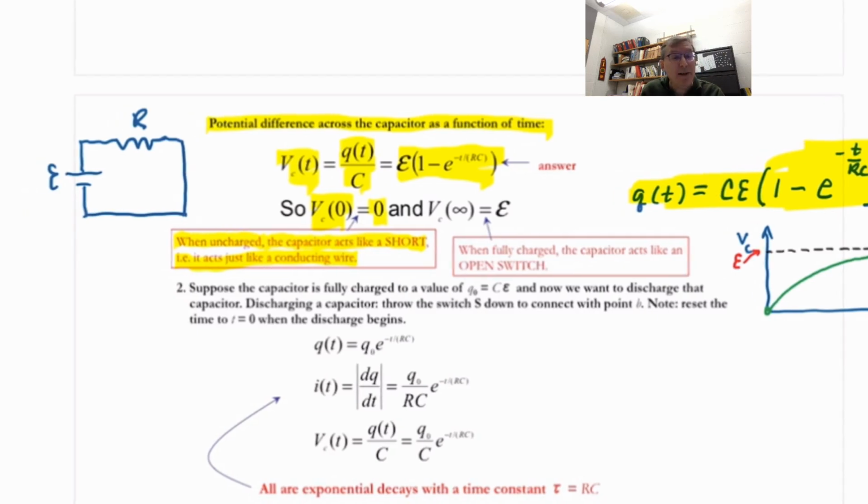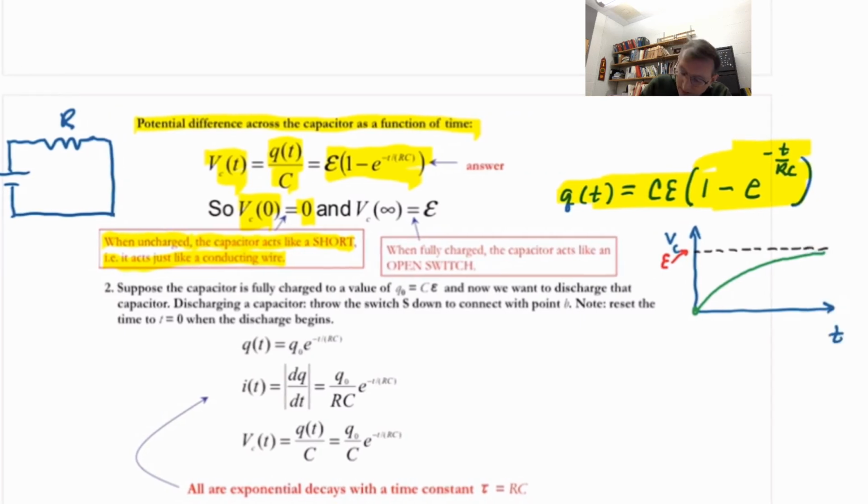Okay, that's it. The capacitor, I'll draw kind of dashed to remind you where the capacitor would actually be sitting, but if it's uncharged, it has no potential difference across it, so that it acts just like a wire, which is called a short. That's a handy thing to remember then. No potential drop across an uncharged capacitor. You can think of it as just being a wire.